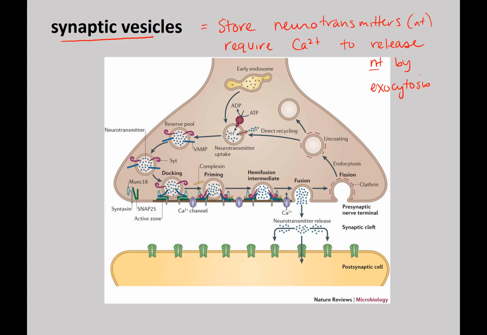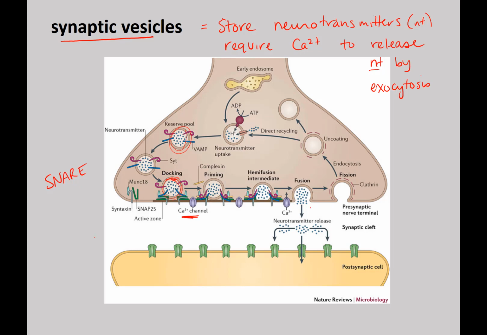So what's happening here is you've got this synaptic vesicle full of neurotransmitters. And vesicles, you know, need the SNARE proteins to dock and fuse. So, in fact, the synaptic vesicles will sit right at the edge of the membrane, which is called docking. But until calcium comes through, they can't fuse.